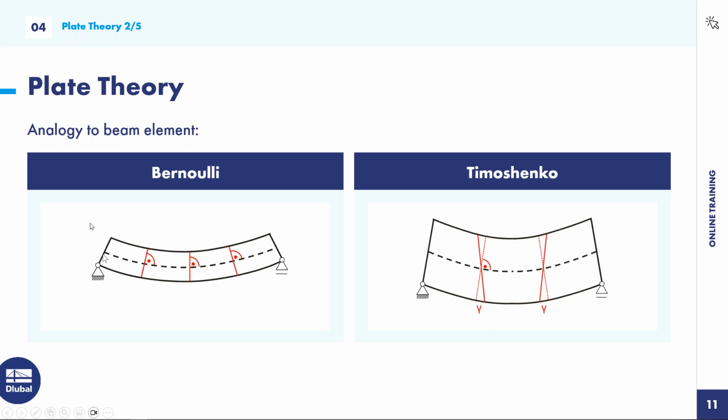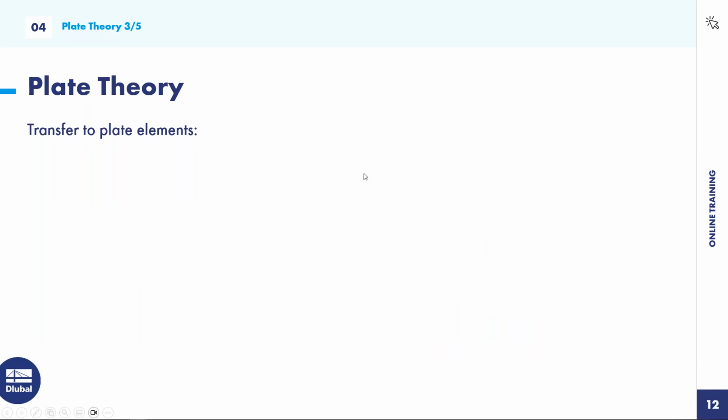So basically, the Bernoulli beam is quite accurate when you have long and slender beams. When you have a massive chunk of a beam, you rather use the Timoshenko beam.